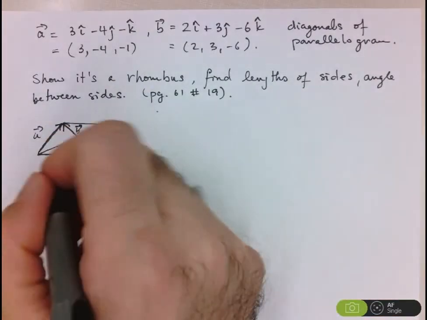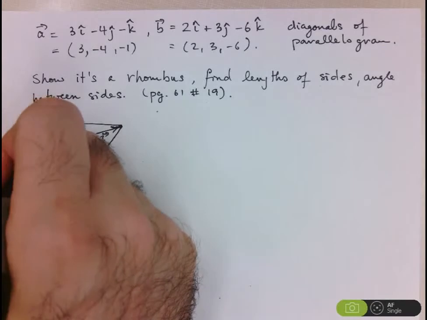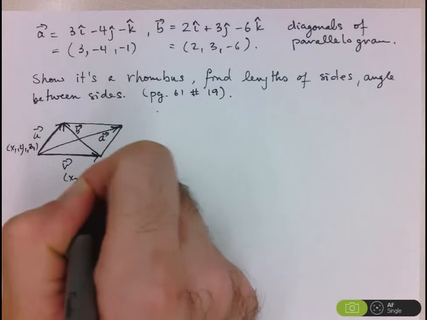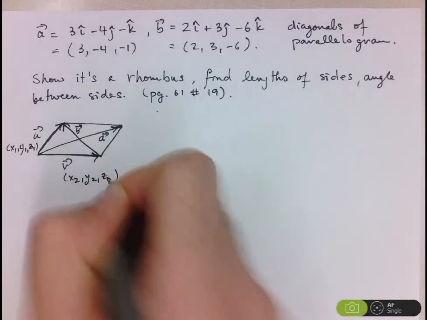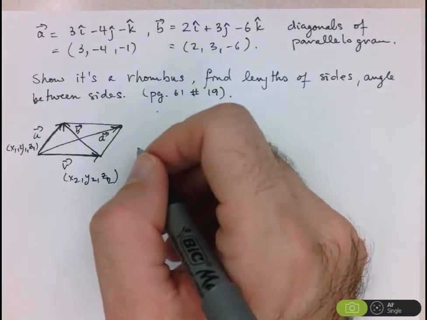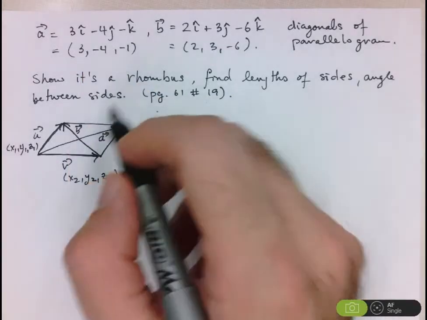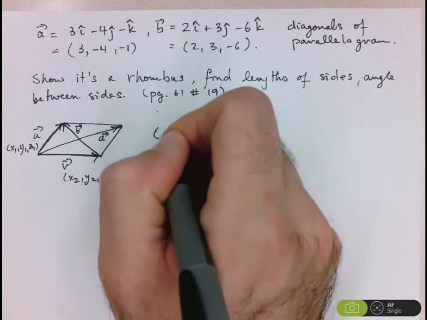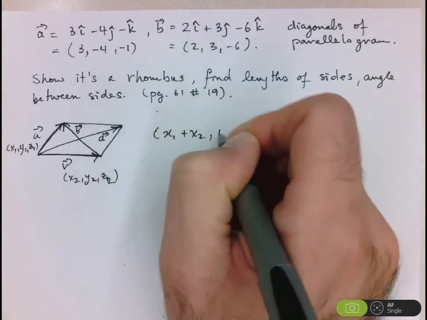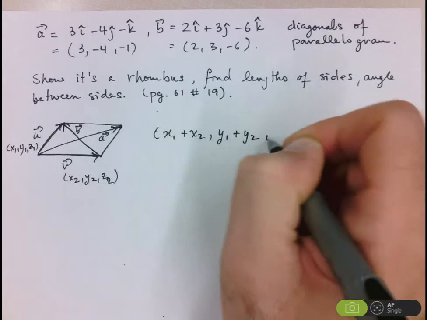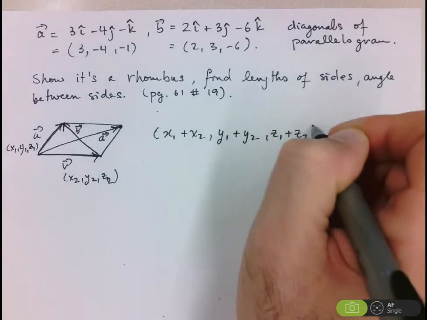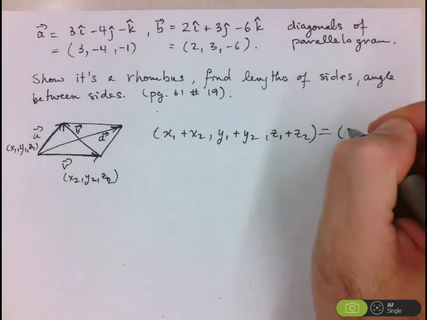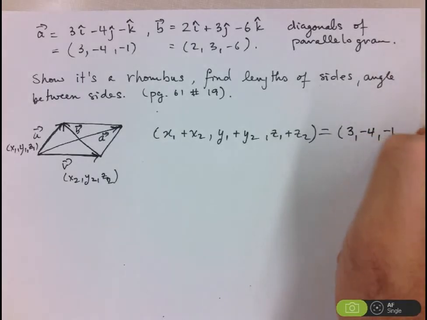I'll call u (x1, y1, z1), and I'll call v (x2, y2, z2). If I add these two vectors together, I'll get vector a, and if I subtract them, I'll get the other vector. So what happens when I add them together? I have x1 plus x2, y1 plus y2, and z1 plus z2, and this vector should be equal to what I'm designating as the sum, 3, -4, -1.